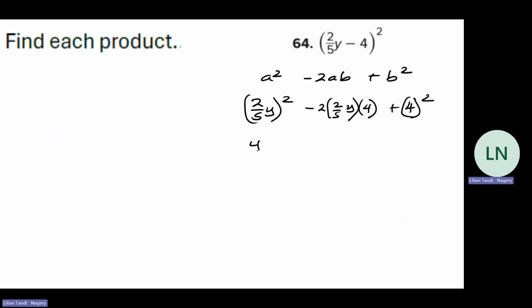That becomes 4/25y squared. That becomes negative 2/1 times 2/5 times 4/1. Okay, this is negative 4, so negative 16/5.